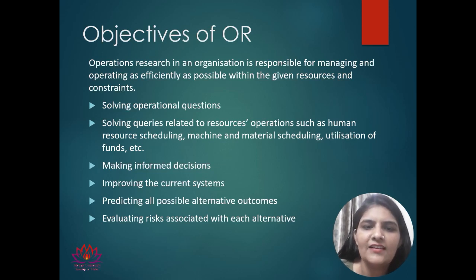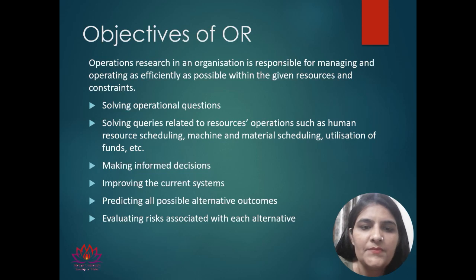Operations research in an organization is responsible for managing and operating as efficiently as possible within the given resources and constraints. Meaning, if we have scarce and limited resources and various conditions, we have to solve the problem and obtain the optimum solution, the maximum profit.